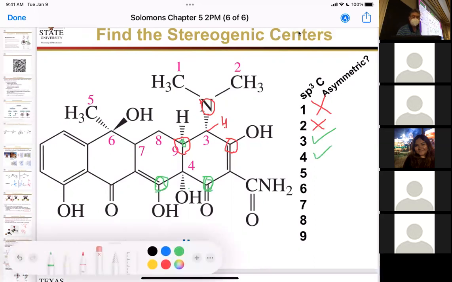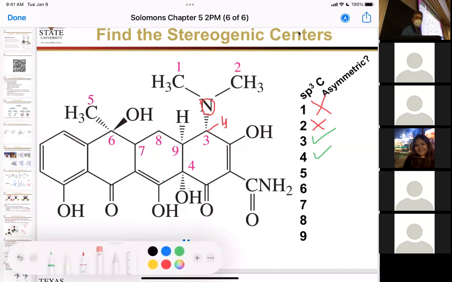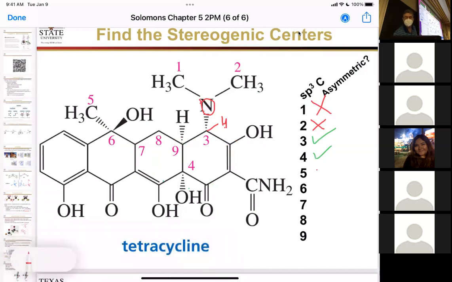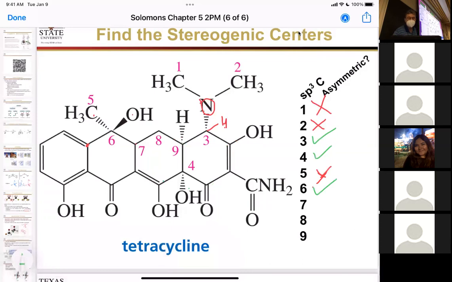All right, are we getting the hang of this? All right, let's continue on. Number 5, no. Okay, 6, so 1 kind of carbon, 1 kind of carbon, a 3rd kind of carbon, and an oxygen, yeah, 6 is good. 7, that might be hard.